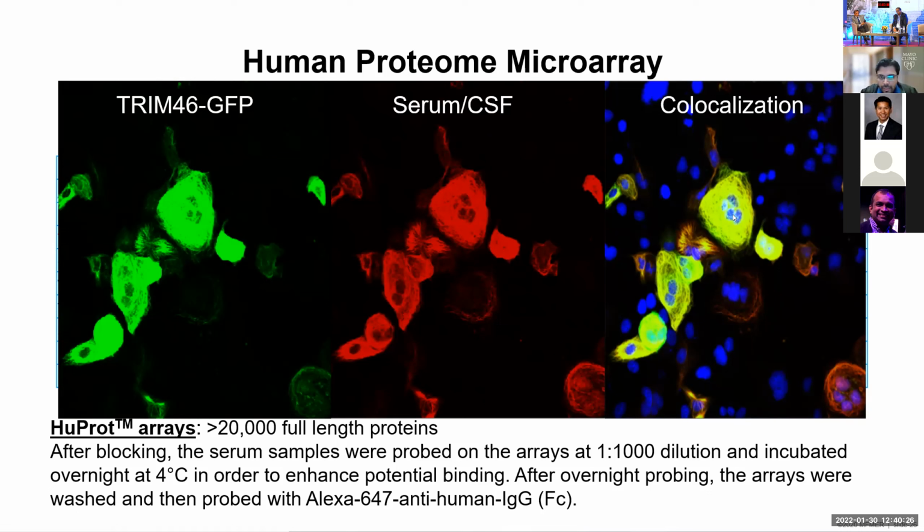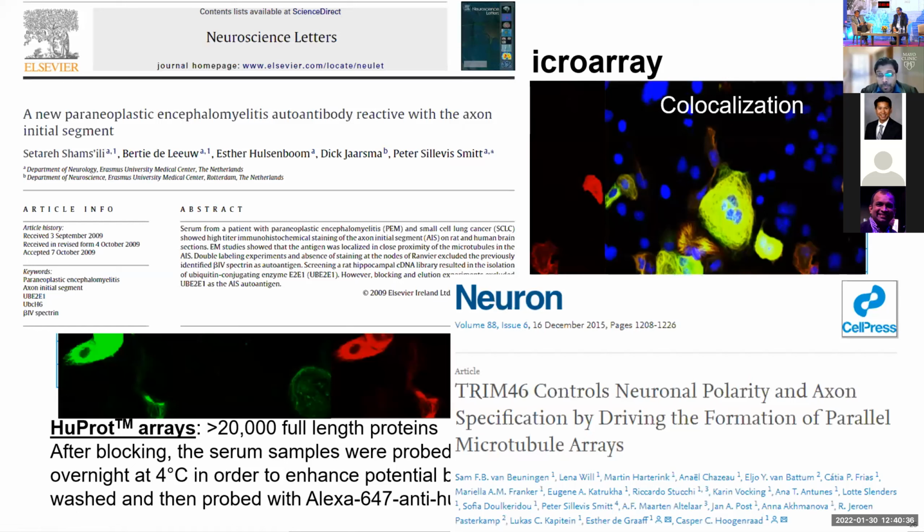And then subsequently, one of our fellows started doing a literature search as we were starting to put our manuscript together. And that's when we found out that this particular staining pattern was previously described in 2009 by a group, and then subsequently by a different group of authors using the same patient serum. TRIM46 had already been described.